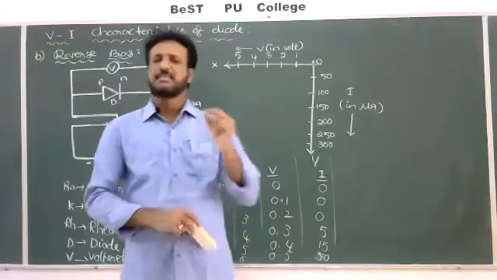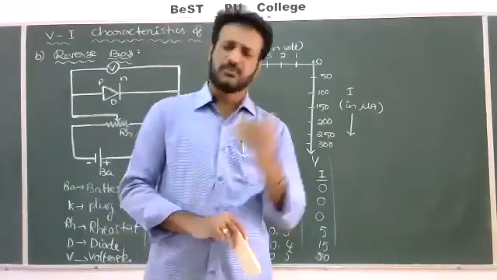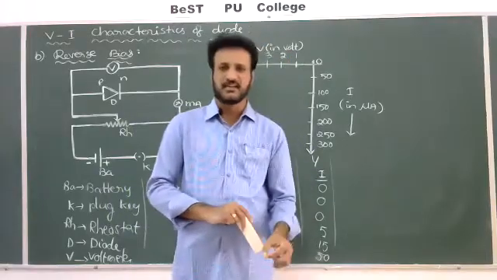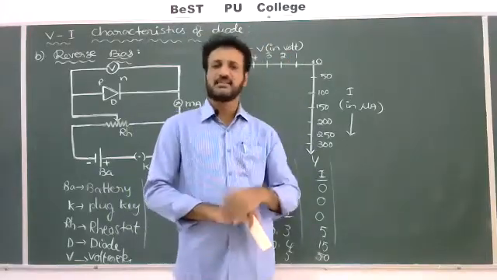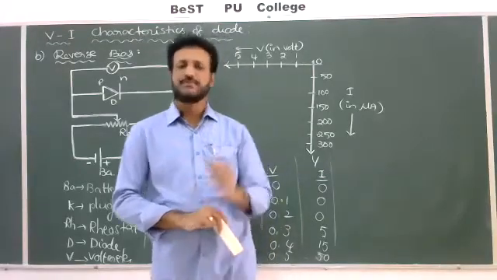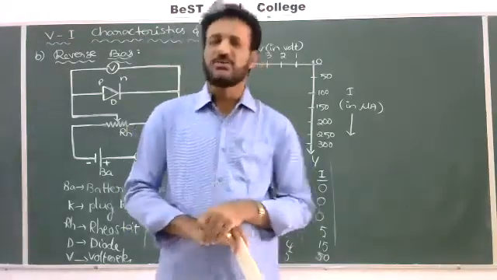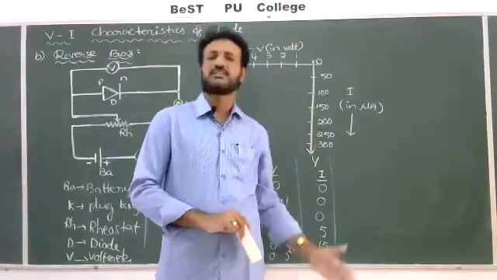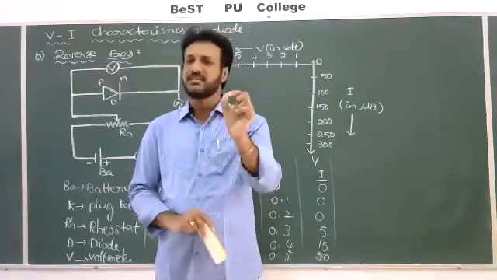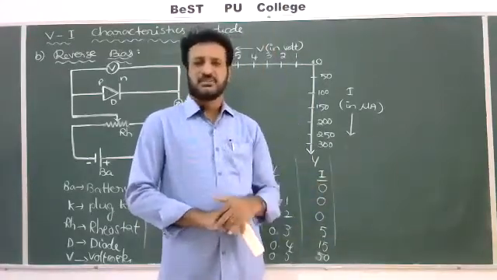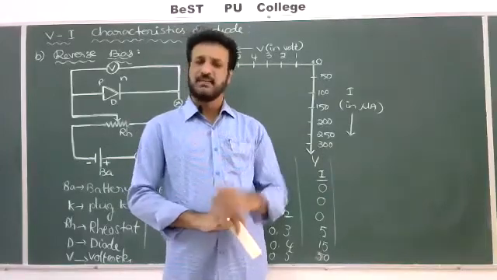So the applied voltage at which the current sharply or suddenly increases is called the breakdown voltage or Zener voltage. Once breakdown takes place in the diode, we cannot control the charge carriers and a large current will flow in the circuit. Even if you are not changing the diode voltage, a large current flows in the circuit.